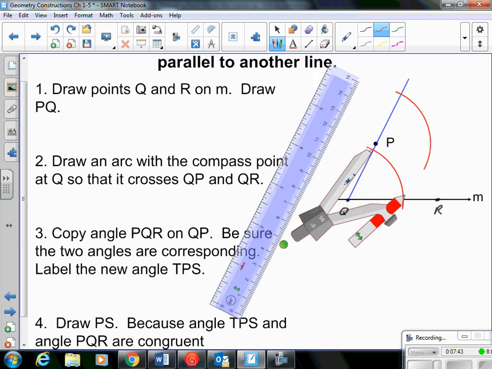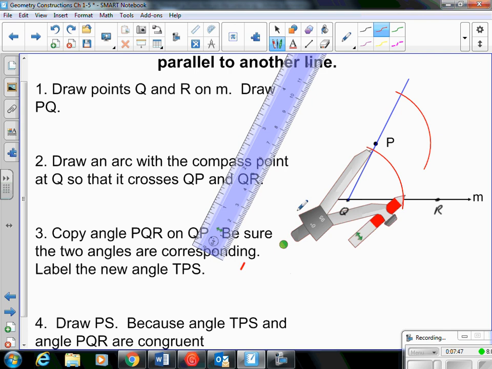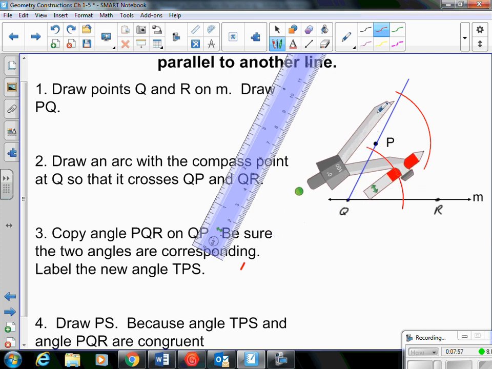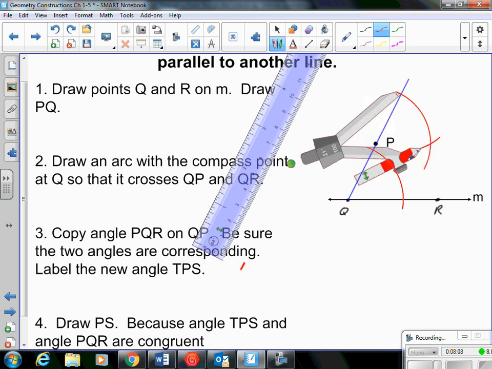Put my point at that intersection, pencil side, open up the width of that intersection. So that's how wide it is. So then I come up here, put the point at the intersection of the other arc and the line QP, and mark off that distance.